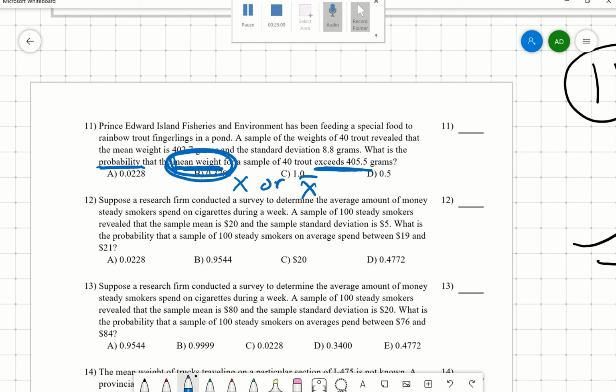Based on that, you choose: if it's just the variable, it's sigma. If it's the average of the variable, sigma over square root of n is the standard deviation. The rest of the probability calculation is exactly the same as what you did in chapter 6. All right, that's it.